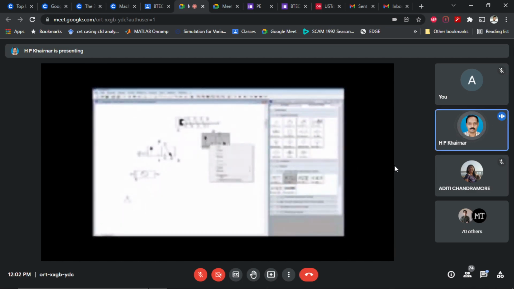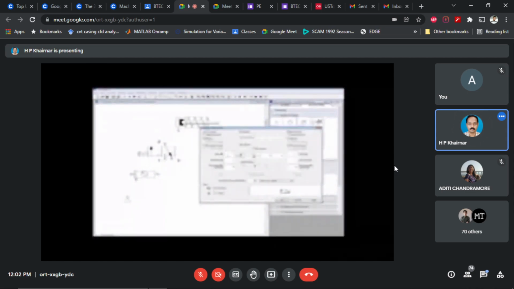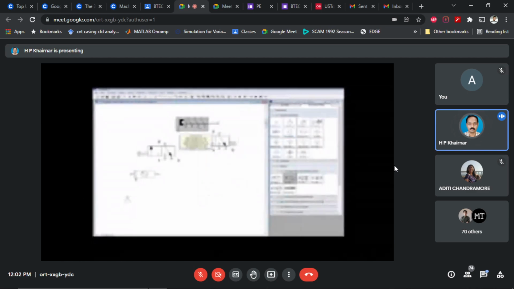But in this case, we'll be using a push button rather than the detent and a spring return. So I select the spring option, and our symbol changes to reflect the spring attached to the valve. Now we connect our ports using a line drawing function, which would simulate our pneumatic hosing in our real circuit we'll be looking at in a minute.